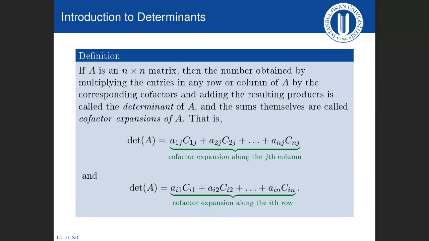So, for example, if we decide we're going to use the jth column, then we would get the cofactor expansion where the second index of everything is j.